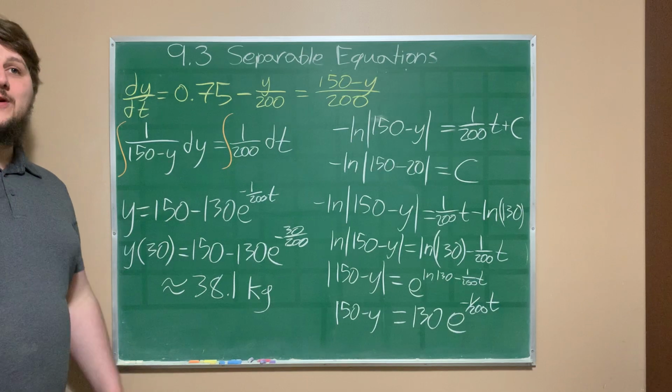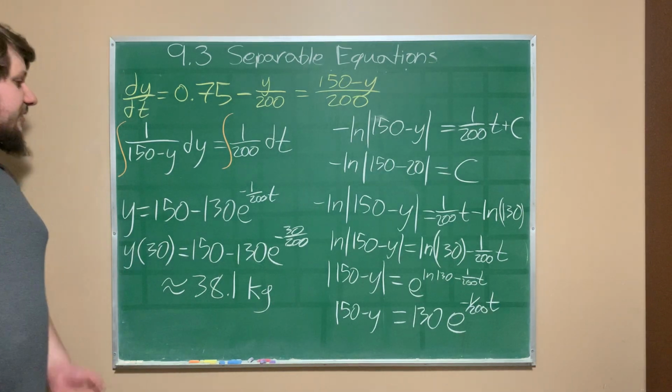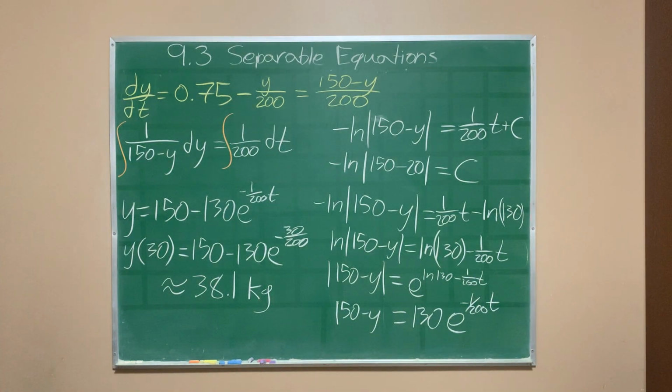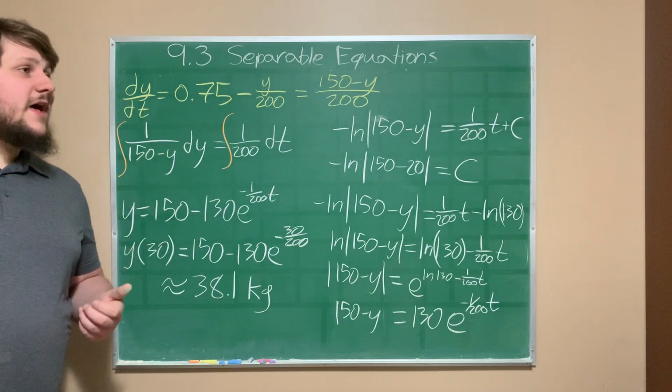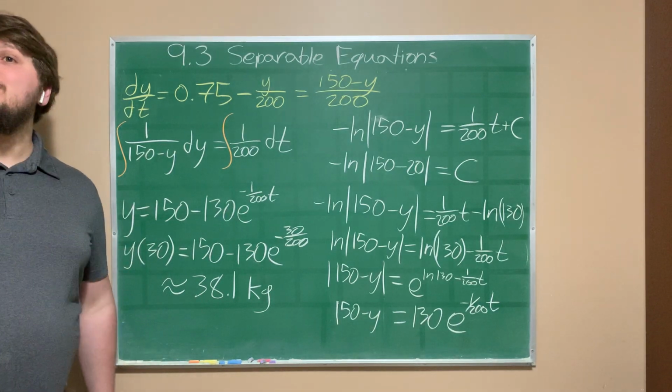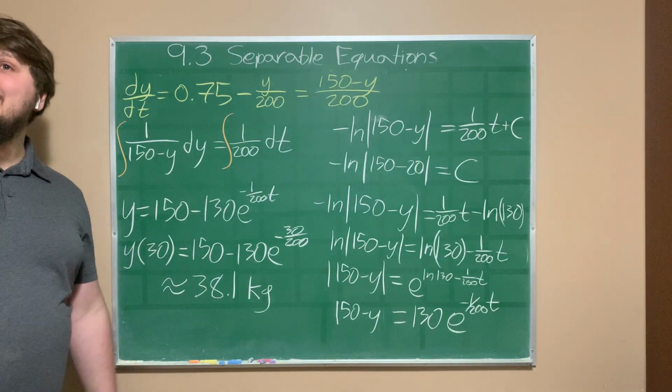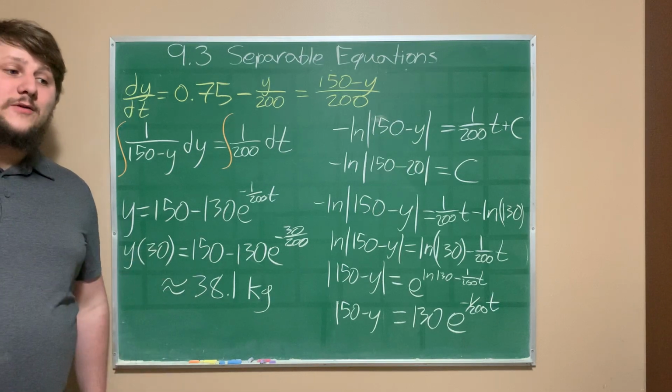It took half an hour to get there. And so that is a tank mixing problem. A little bit complicated at first. The differential equation that you end up solving looks a little weird. We haven't seen one that looks quite like this. But in the end, you have a function that describes the exact amount of salt in the tank at all times, a function that we couldn't have found in any other way.